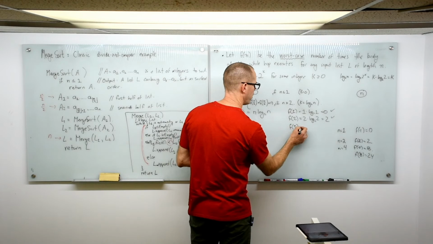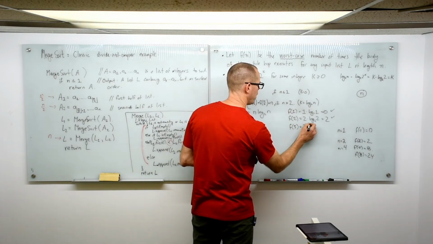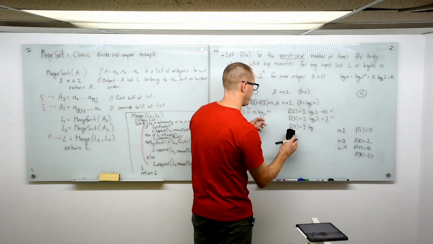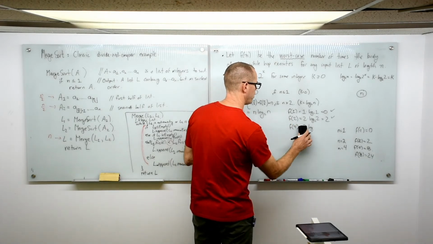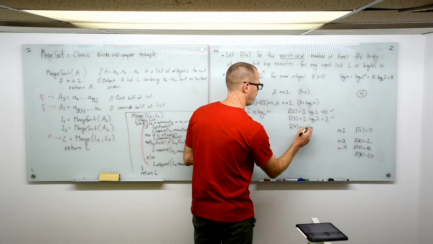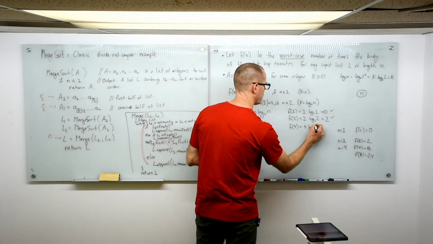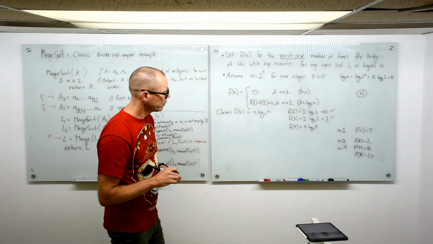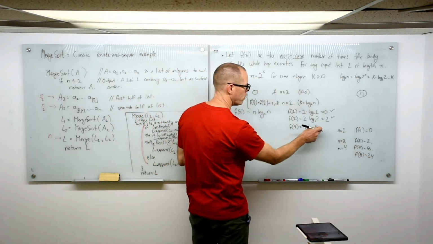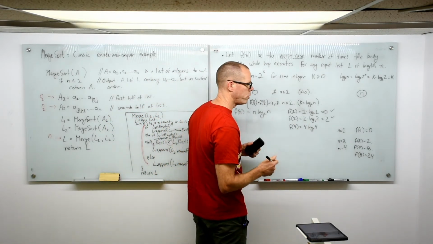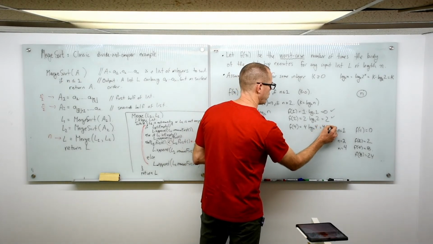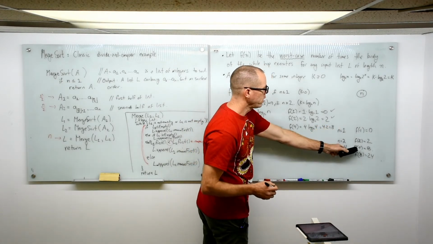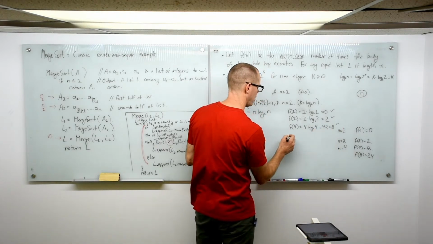F of 4 should be equal to 4 times log base 2 of 4. The log base 2 of 4 is 2, right? 2 to the 2 equals 4. So this is 4 times 2, which is equal to 8. And indeed, that checks out.